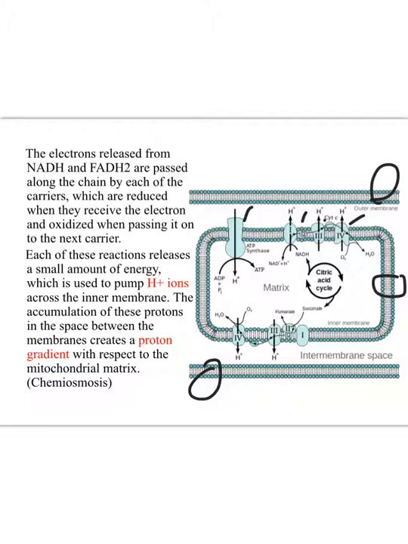So what's happening here, again, here you see the citric acid cycle, the Krebs cycle, and then you see the electron transport system happening here. So the most important thing that's happening with the energy that's being contained with the NAD and the FAD is going to be that this energy is going to be used to actually pump hydrogen ions across that inner membrane.